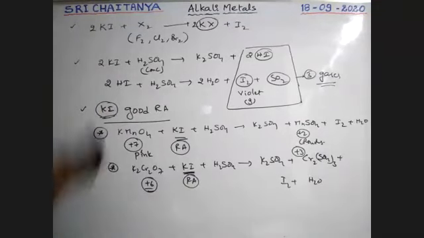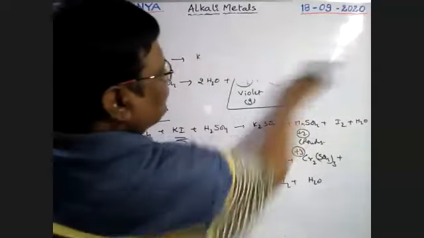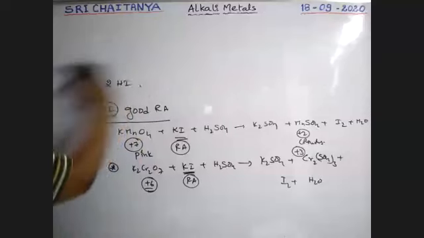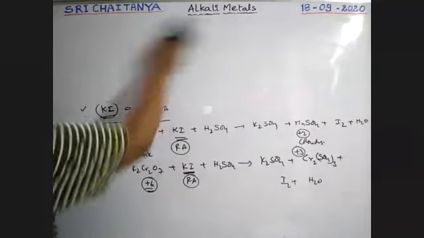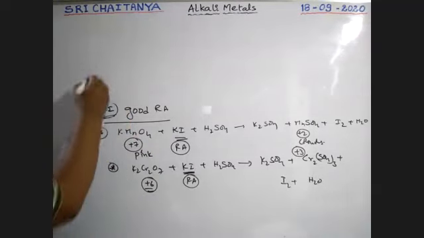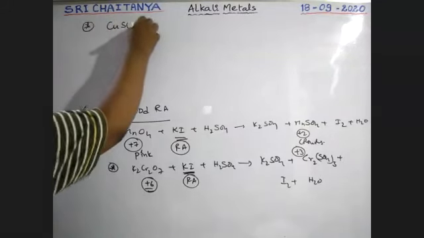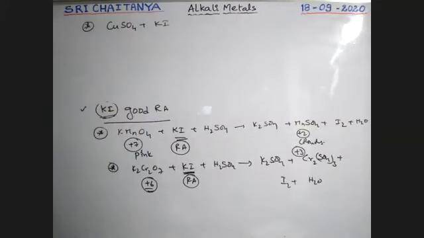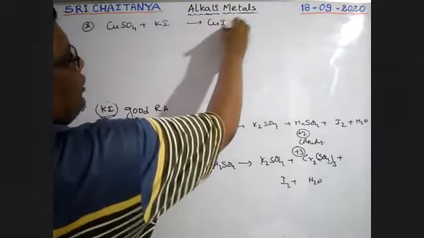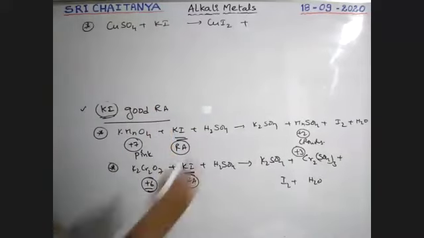Next, the third equation, one more example: CuSO4. When CuSO4 reacts with potassium iodide, that gives CuI2 plus K2SO4.